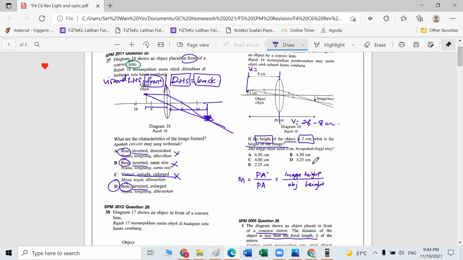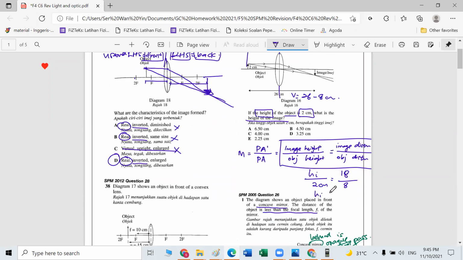And so, because we only have one height, we need to get another ratio. So the ratio would be image distance from the lens divided by object distance from the lens. So here we get a ratio. So image height divided by 2 cm equals image distance 18 divided by 8.